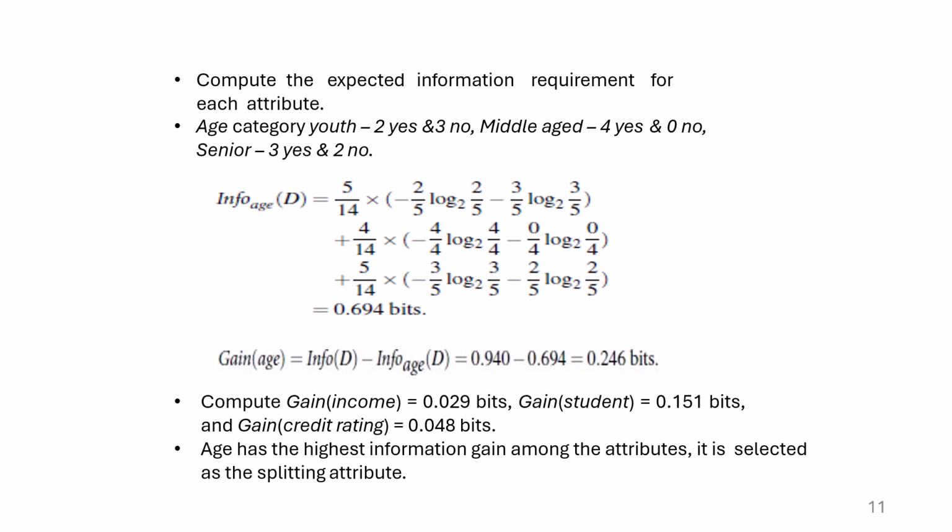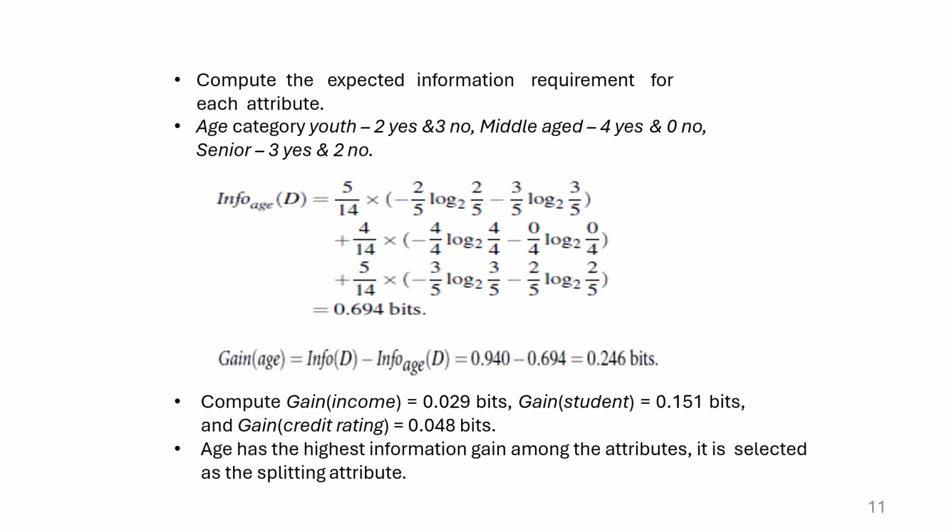The expected information needed to classify a tuple in dataset D if the tuples are partitioned according to age, Info_age(D), is given on the screen. The result is 0.694.